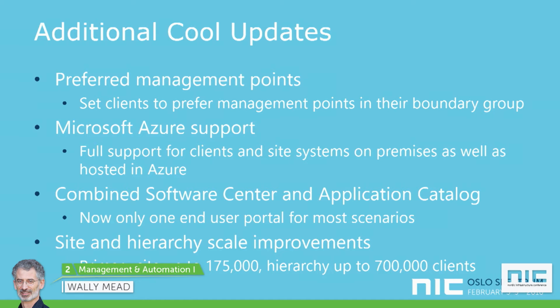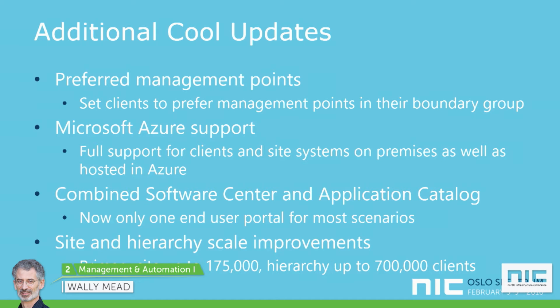Now that says preferred MP, not required MP. Preferred MP means when the clients get what's called an MP list, the list of all the MPs that are available, the ones in their boundary group float to the top of that list. And they're going to try that preferred MP first. If they can connect to it and use it, great, they're going to.